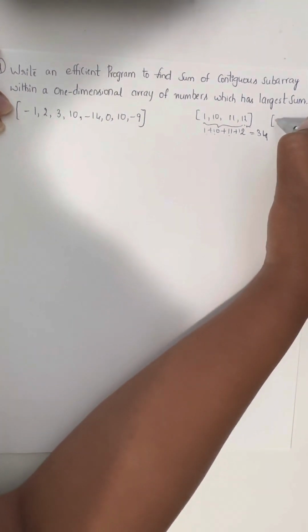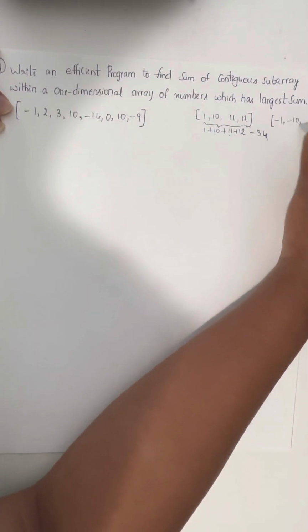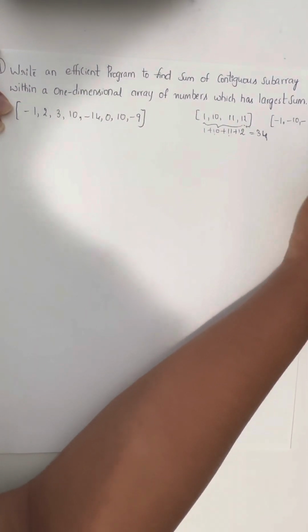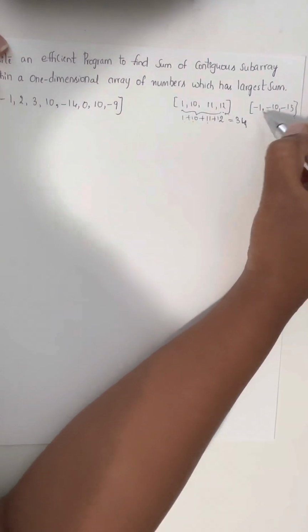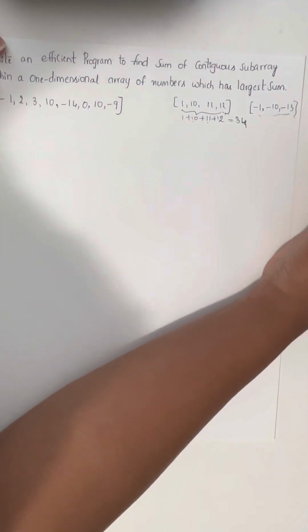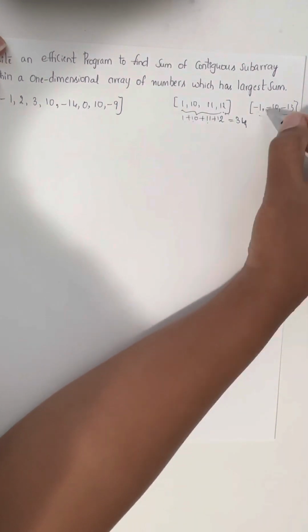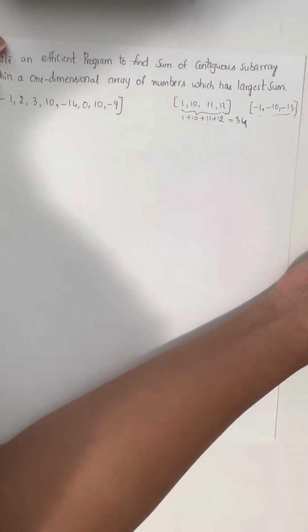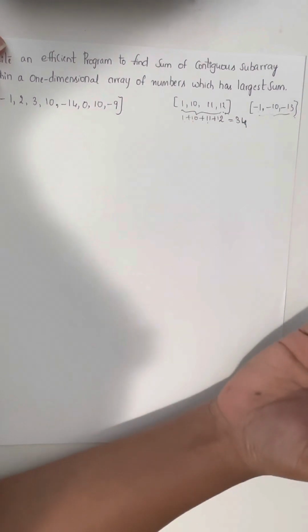Then let's say we have all negative numbers, like this. Then what do we have to do? If we have all negative numbers, what would be the largest sum? We will not have any largest sum, because if we add any two or more negative numbers, the sum would be a smaller number, right?